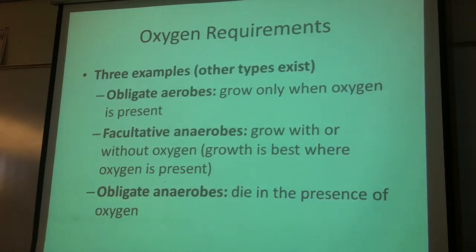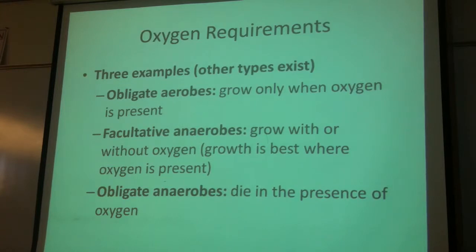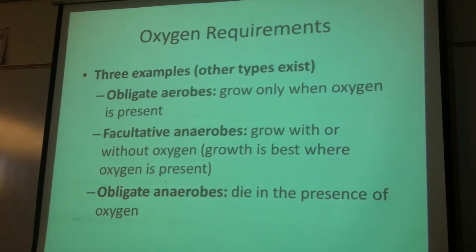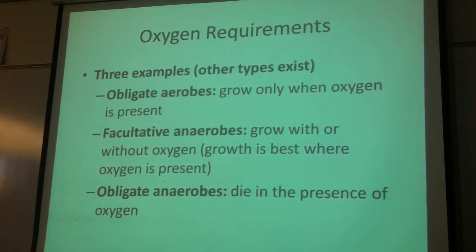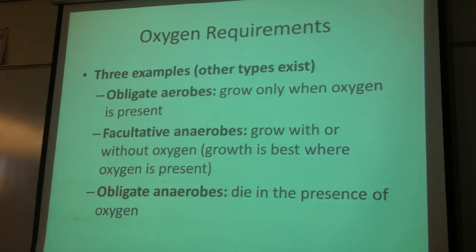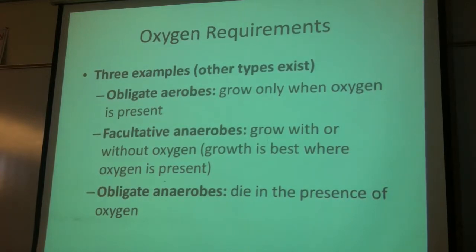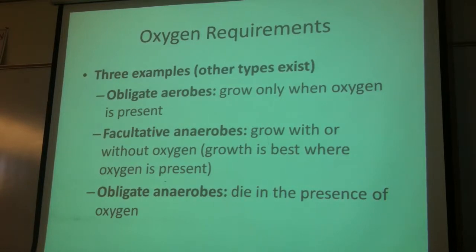There are some organisms out there that cannot handle oxygen at all. If they come in contact with oxygen, they die, just because they don't have the capabilities to deal with it. There are some aerotolerant anaerobes, which can tolerate oxygen because they have some kind of enzymes that can actually detoxify the oxygen, but they really prefer no oxygen.